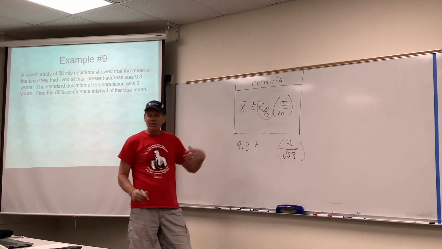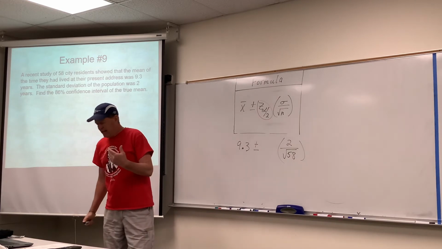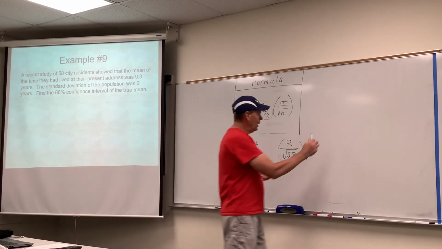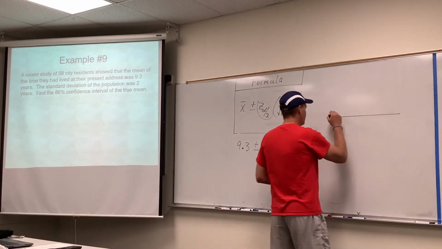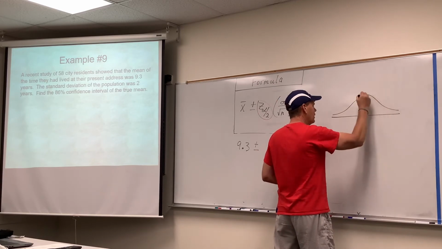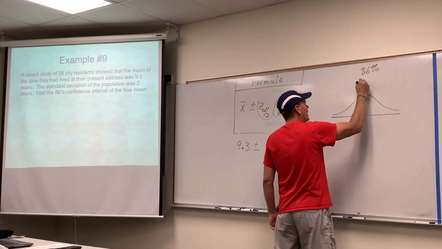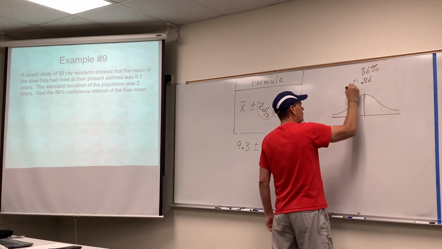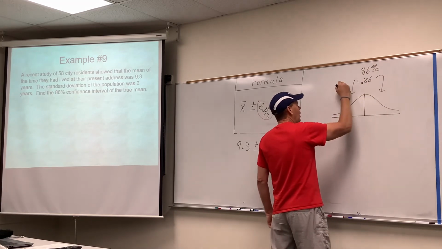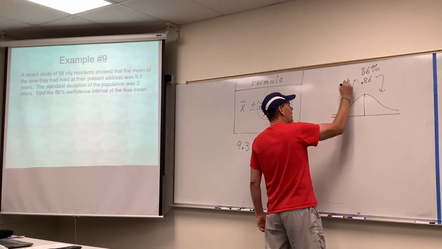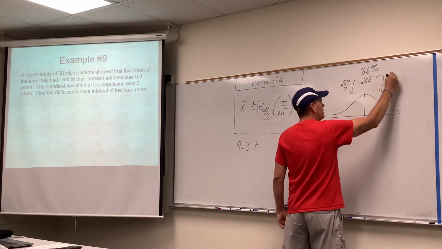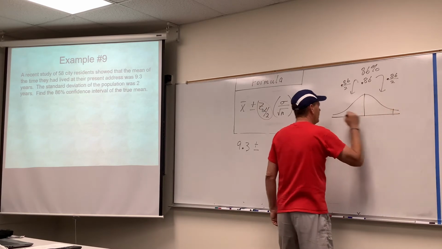And then as we've been discussing many times, that z-score would be related to the level of confidence that's mentioned in the question. For whatever reason, this particular researcher wants 86% confidence. All right, so we put half of that on either side, 86 over 2, all right? Cut it in half.